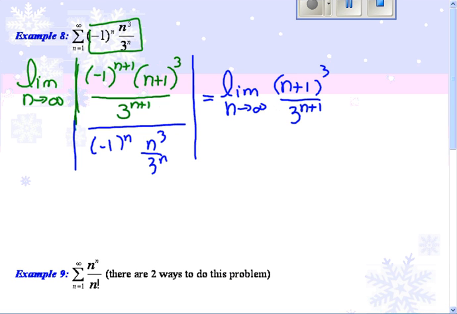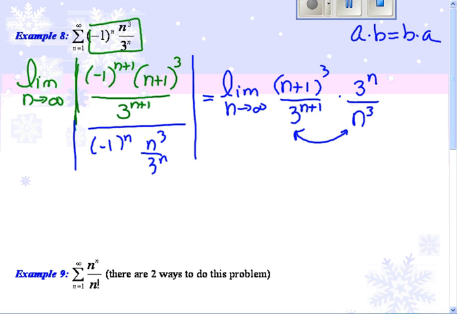And dividing by this is the same as multiplying by its reciprocal. It's okay, if you write out the original a sub n plus 1 thing, it's okay to jump right to this. That's okay too. Now, to make my life a little easier, I'm going to switch the denominators, because that's just a times b equals b times a.